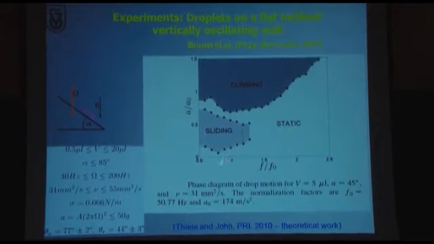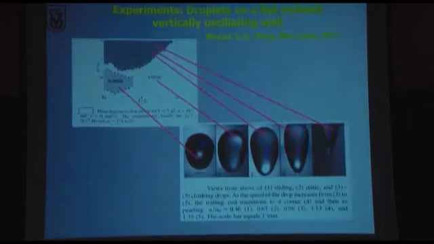So now we are going from zero acceleration, which means zero amplitude, will increase it and see what happens. As we see from this phase diagram, first for sufficiently small accelerations, it will stay, then it will go down, then it will stay again, and then it will climb up. So let's see what happens.